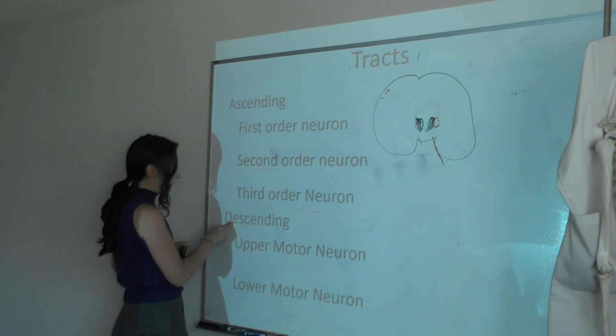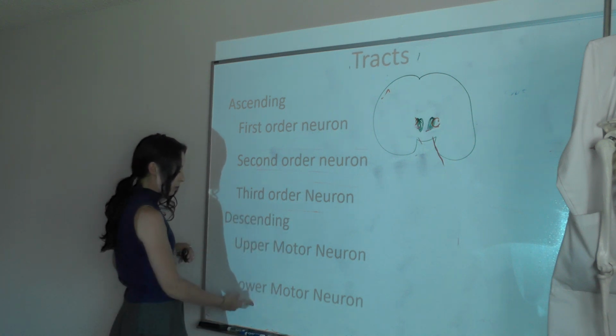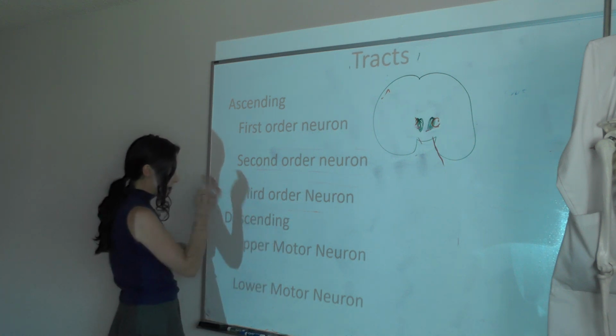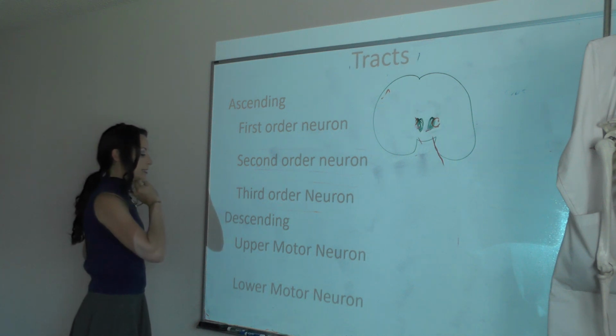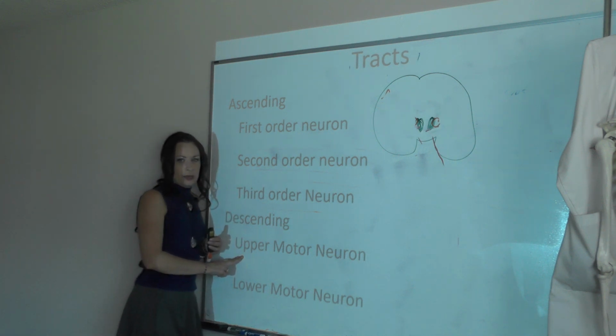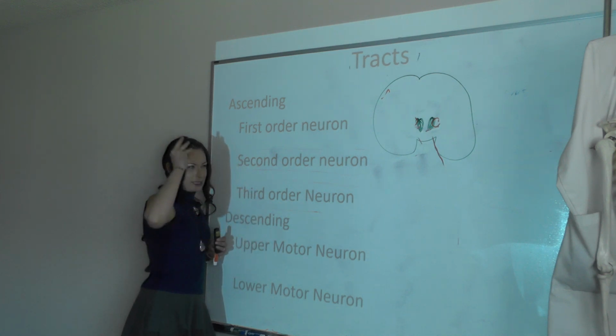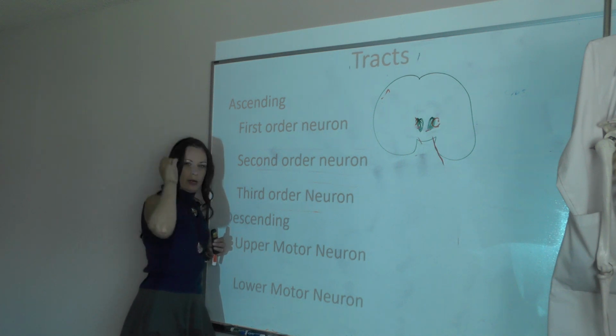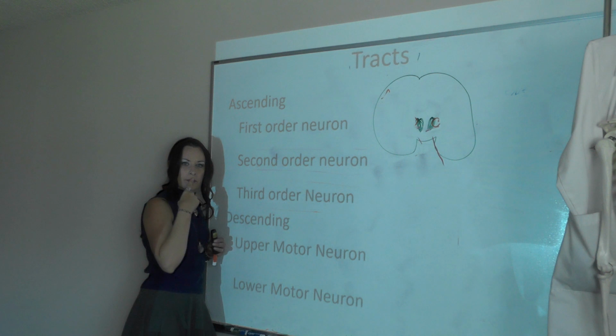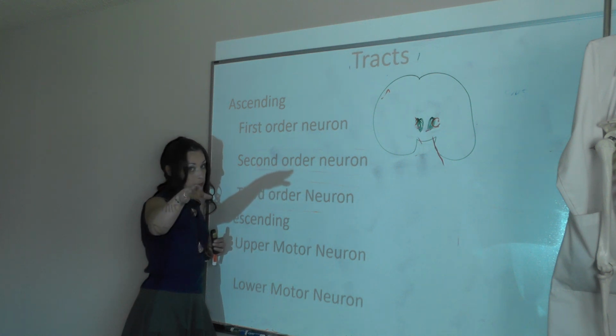In a descending tract, we name the upper motor neuron and the lower motor neuron. And the weird thing about it is, our upper motor neuron, that's its name in the descending tract, but it's an interneuron that's totally encased in the central nervous system, originating in the where, if it's voluntary? Primary motor cortex, your precentral gyrus and your frontal lobe.